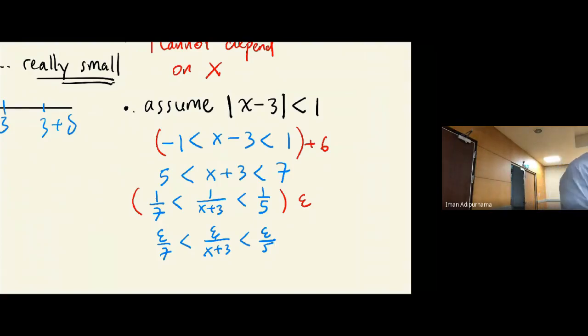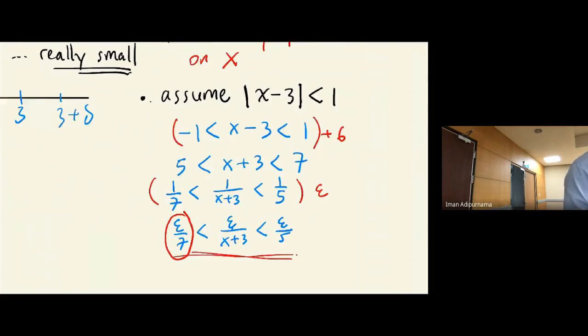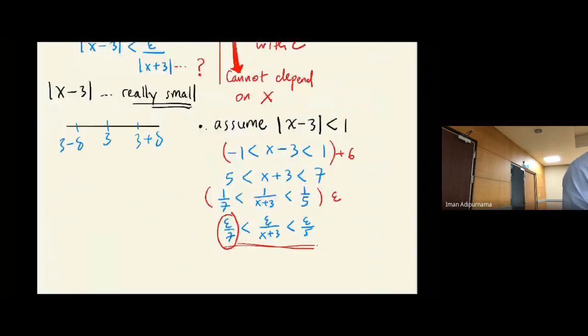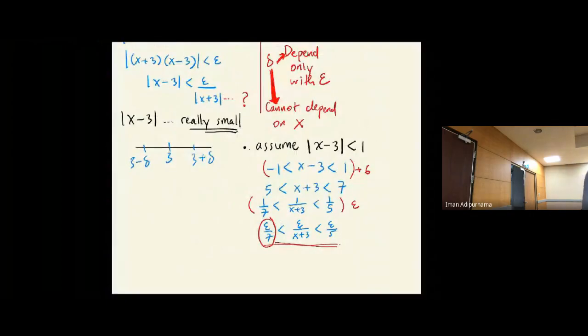From this inequality, you can have the minimum value, so the minimum delta is epsilon over 7. So what we are going to do is find the delta and then prove.